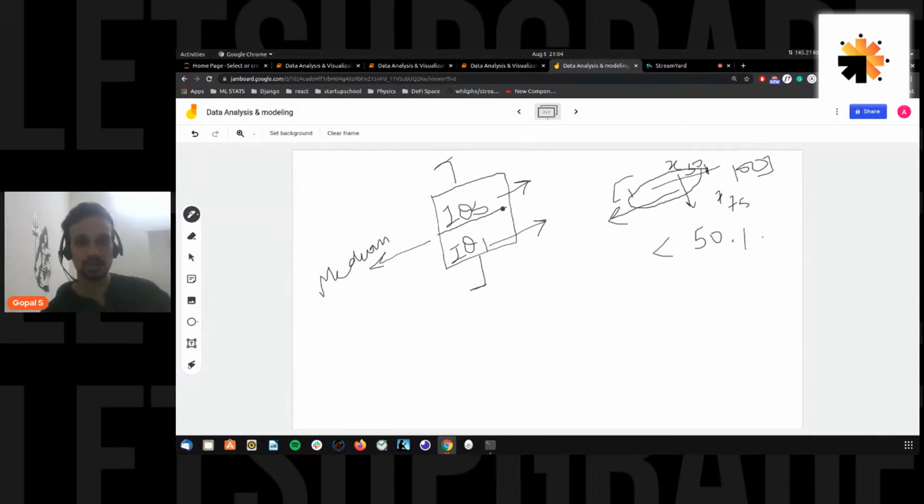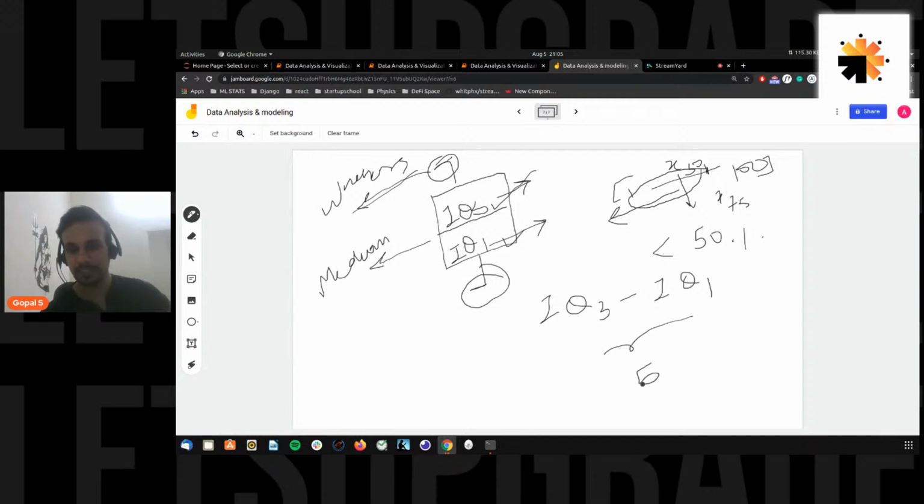This is what your box plot shows you. This is your minimum value, this is your maximum value. These are called whiskers. And what we can tell from IQ3 minus IQ1 is that 50% of our data lies within this range.